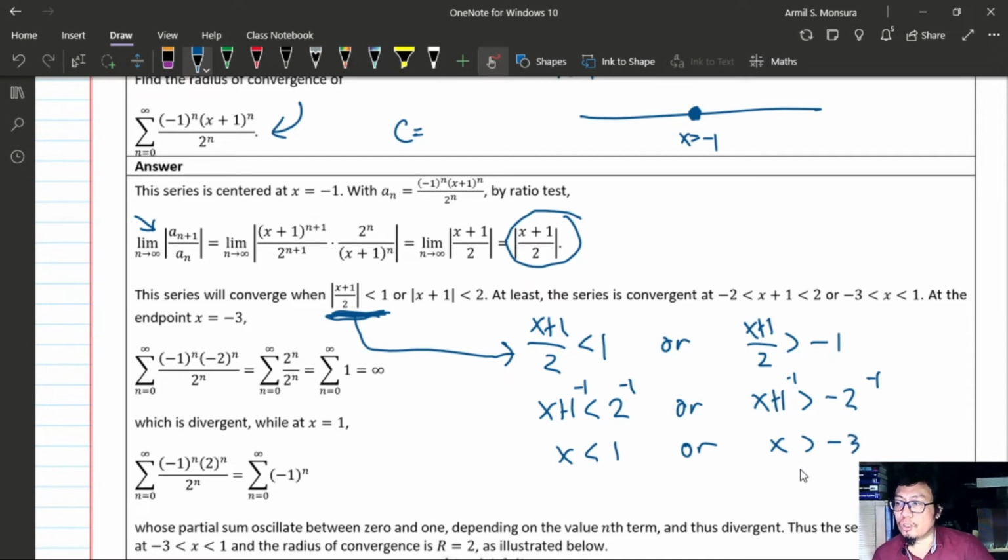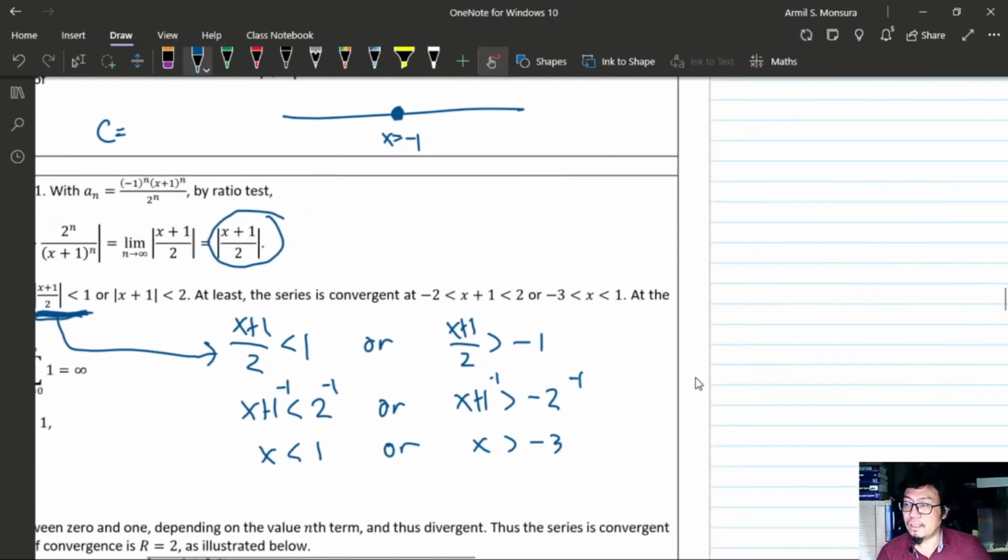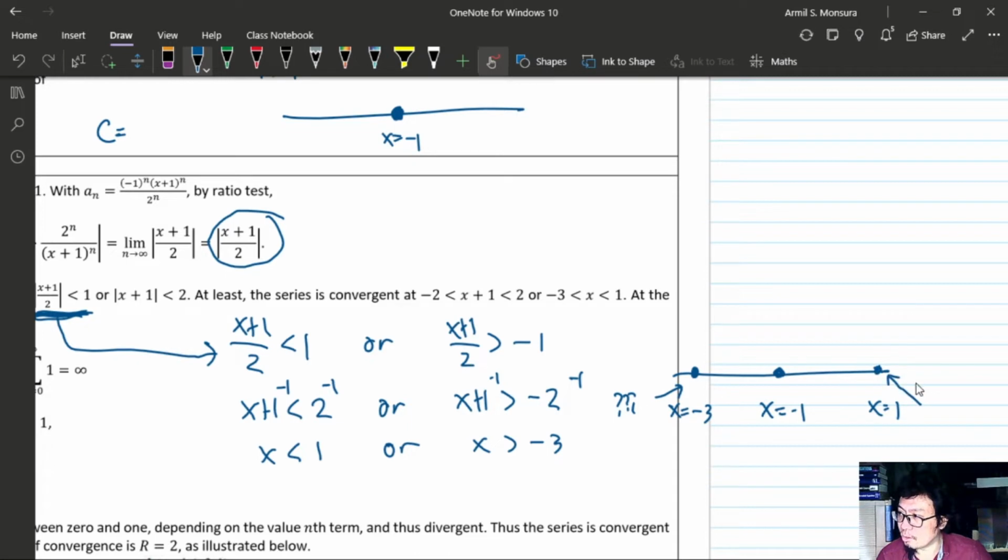So we'll adjust this now to this number line. Starting at x equals negative 1, our interval of convergence would include at least x equals negative 3, though we don't know yet if this is indeed included, and x equals 1, which again we don't know if it is included.